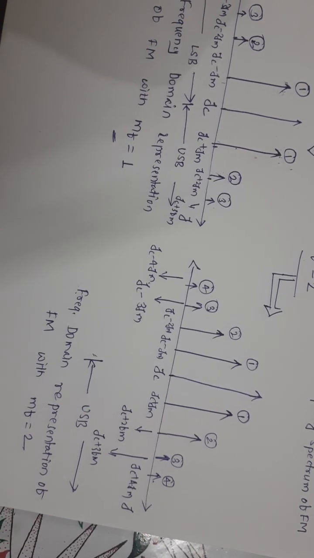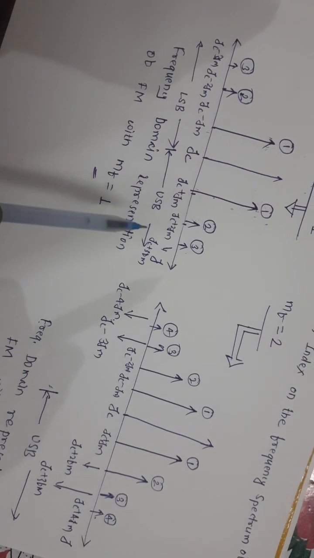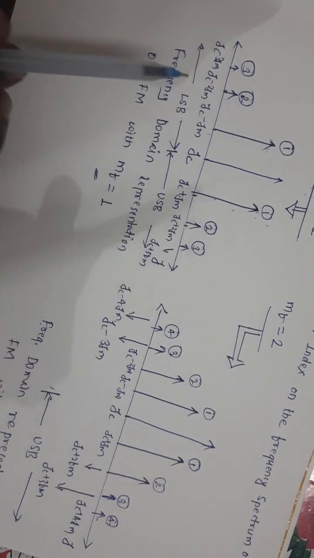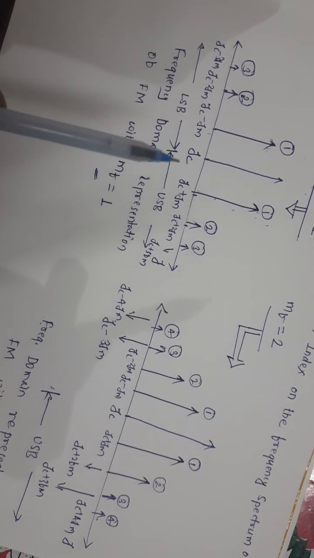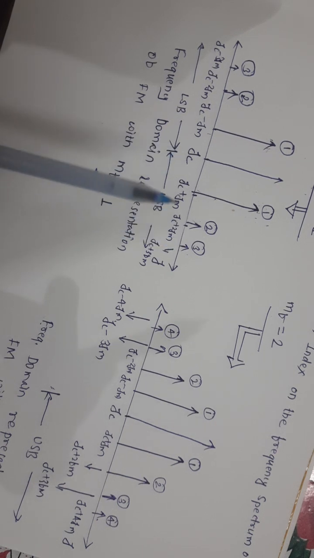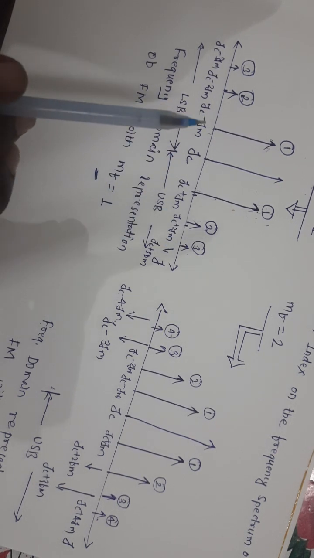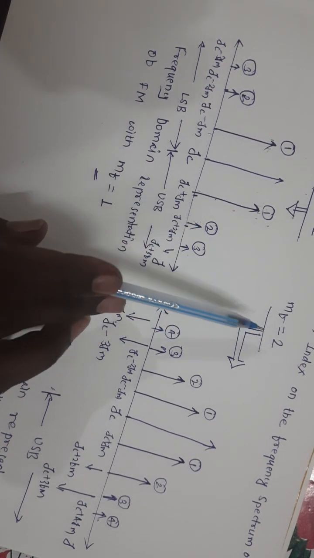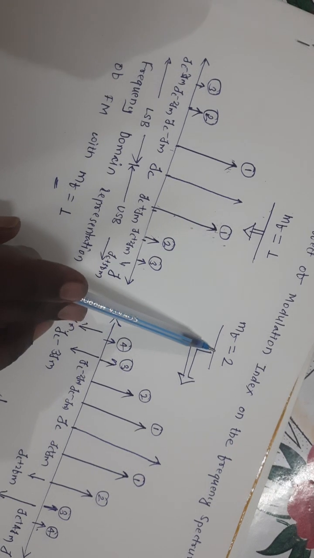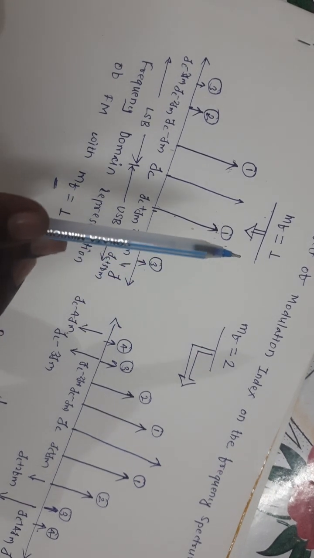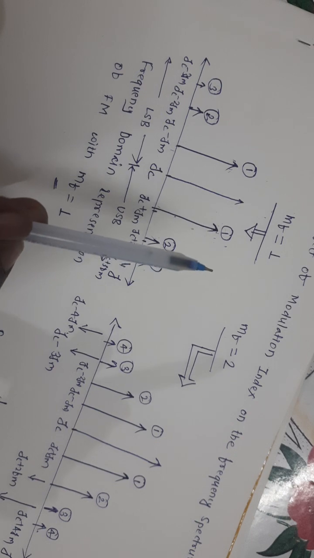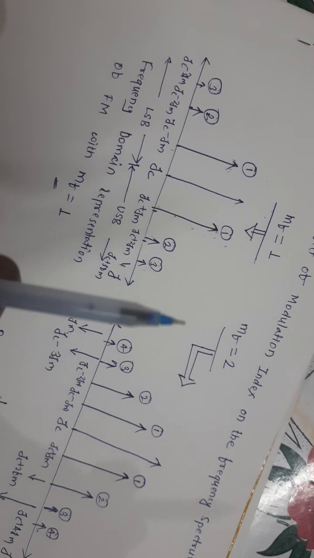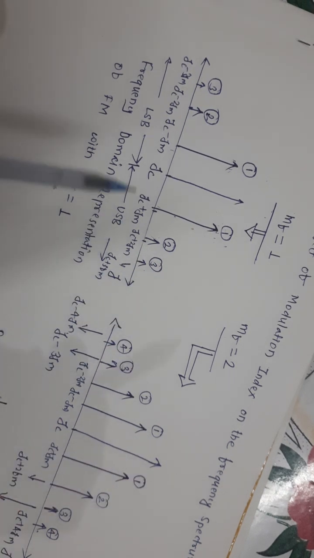So we can say that as the amplitude of the modulating signal increases, the total number of sidebands created also increases. If there is a higher value of MF, so if the value of MF goes on increasing, more sidebands will be created, and the sidebands having significant amplitudes increase.